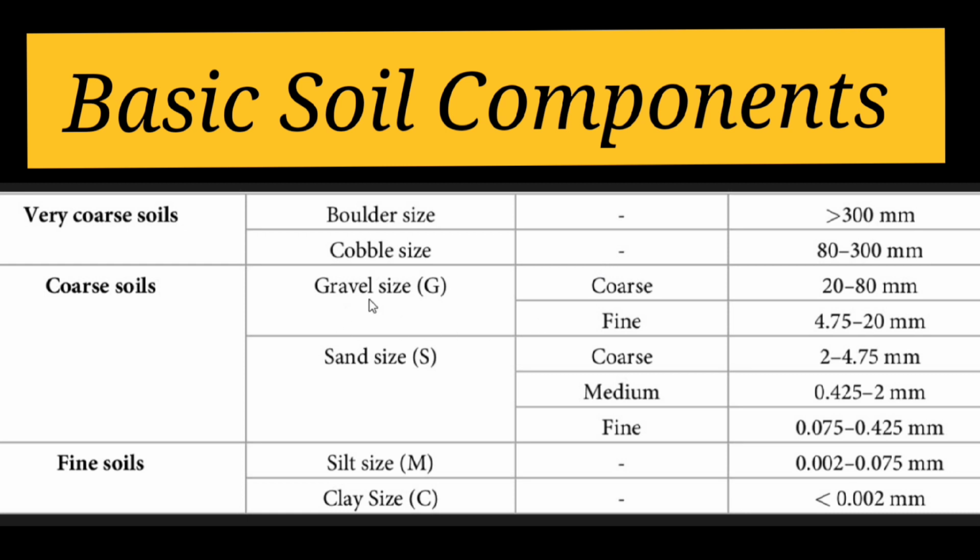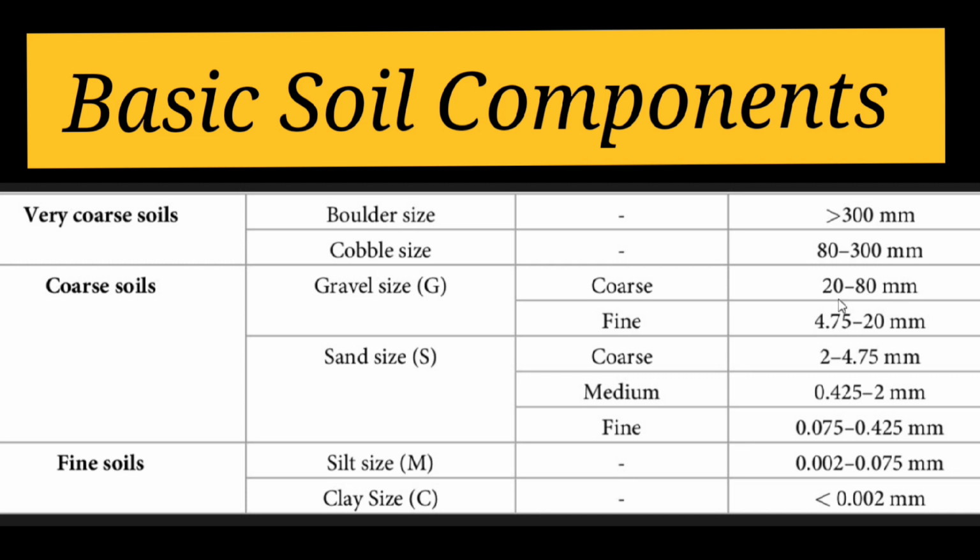The size of coarse sand is 2 to 4.75 millimeter, and size of medium sand is 0.425 to 2 millimeter, and size of fine sand is 0.075 to 0.425 millimeter.